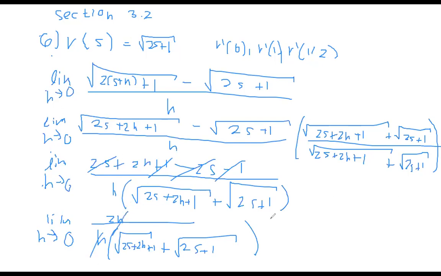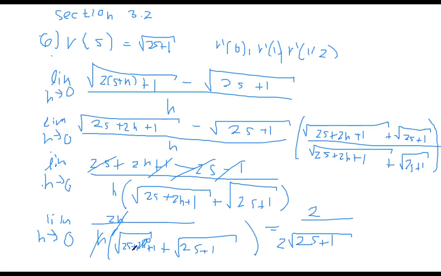Oh yeah. So then cancel out the h's, and then you just plug in 0 from here. So 2 times 0 is just 0, and then you have root 2s plus 1 plus root 2s plus 1. So that's gonna be 2 over 2 root 2s plus 1, because here you're adding the 2 roots, right?